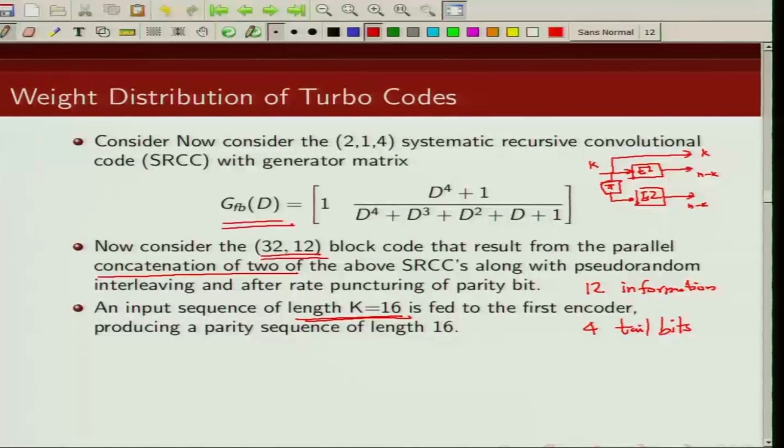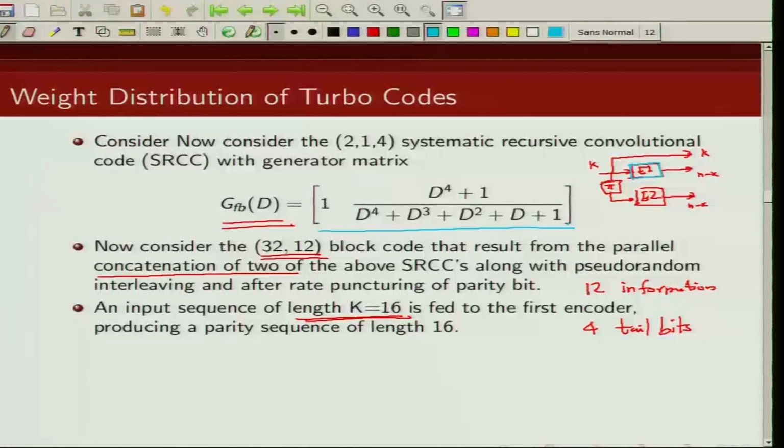So we are feeding this to our encoder 1, which is this encoder E1. Remember this is a rate 1/2 code.